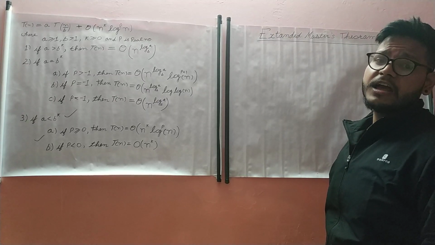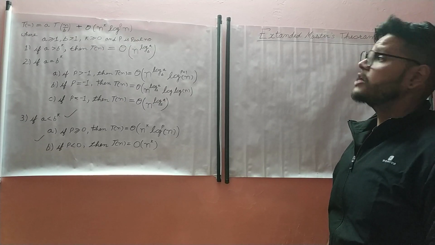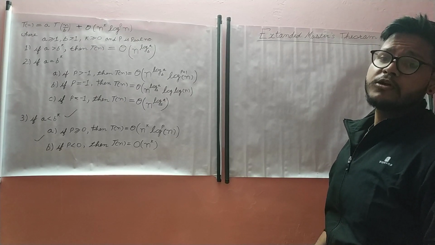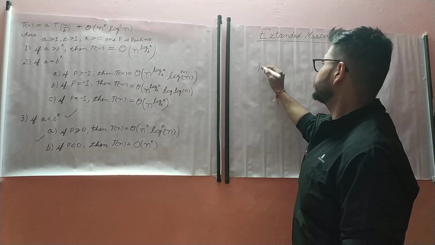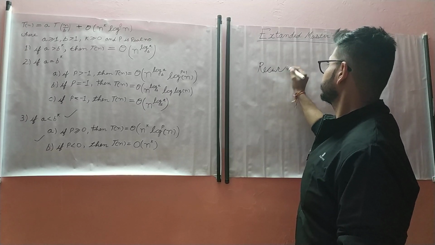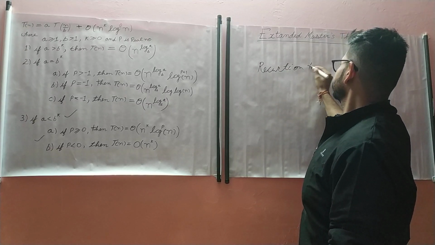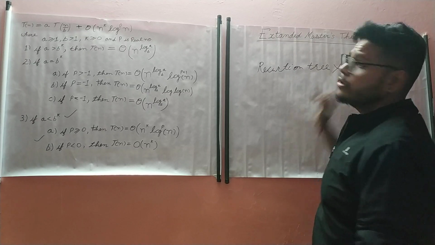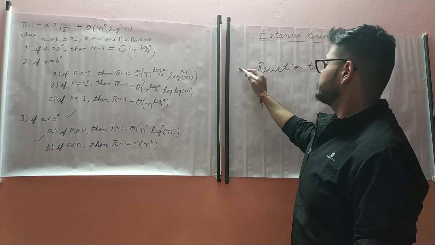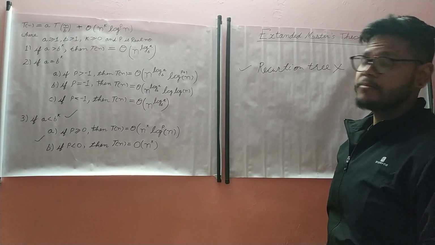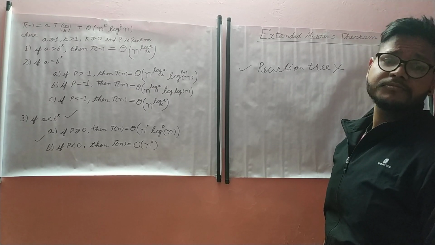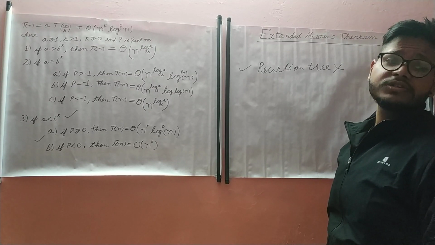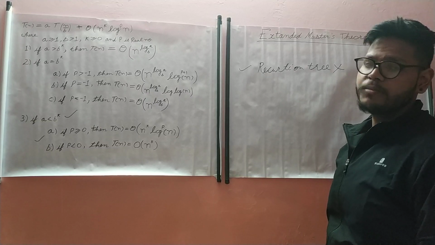If it is a form of Master's theorem, apply Master's theorem. Don't use the recursion tree method, it will take your time to solve, but by applying Master's theorem you can do that question in a few minutes.